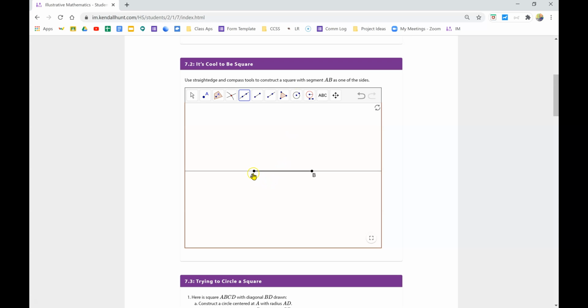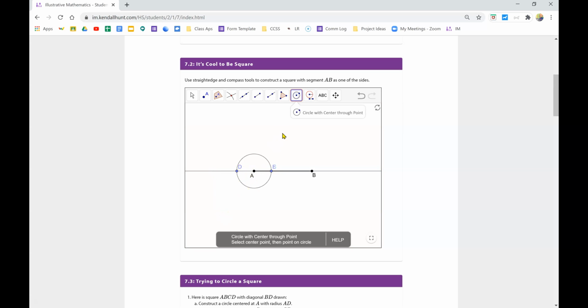You've learned in previous lessons how to draw a perpendicular, so you start by drawing a circle around point A. And the purpose for this circle is to find 2 points on this line that are the same distance from A. So I'm going to take my intersection tool, select the circle and the line. Here are my 2 points.